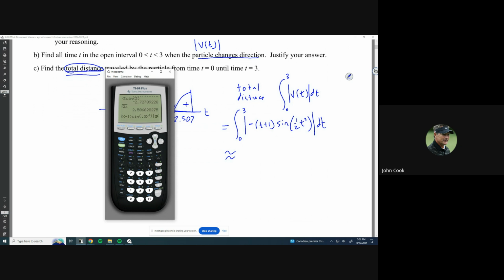Now absolute value ends, dx. And then we should get 4.334-ish. And there's our area under the curve, or the total distance that's been traveled.